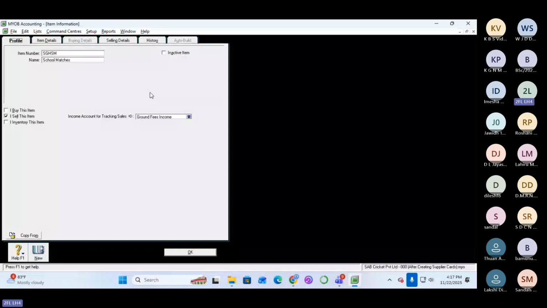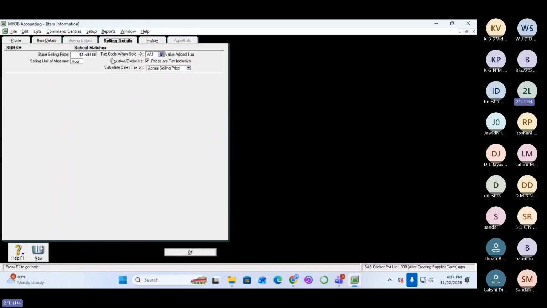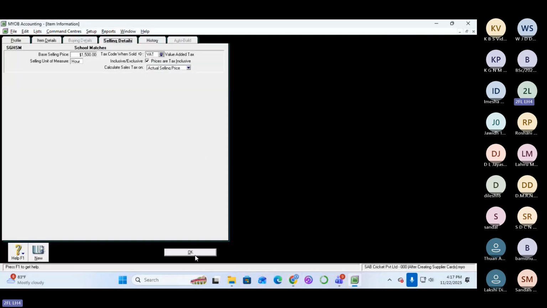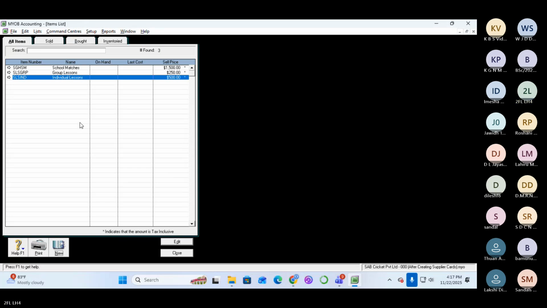The only difference is the income account is ground fees income, and then selling details, base selling price is 1,500. It is also hourly. Okay, hourly. Right? Okay.